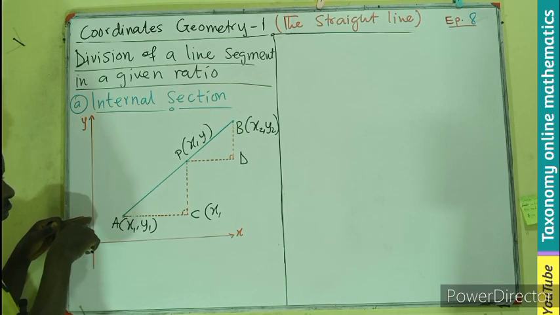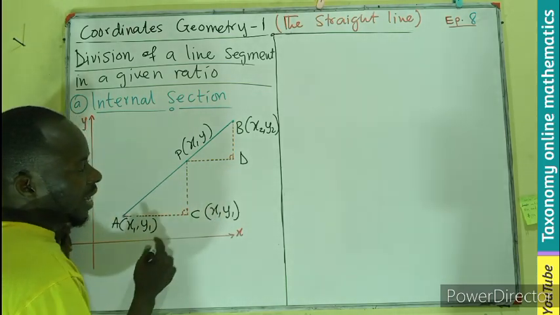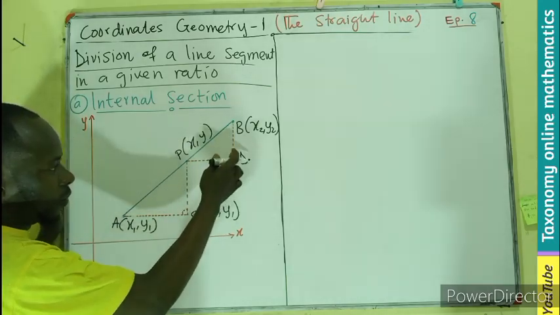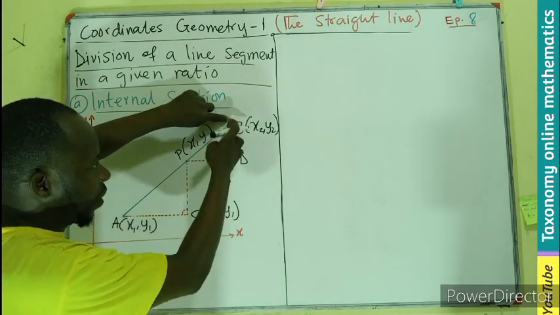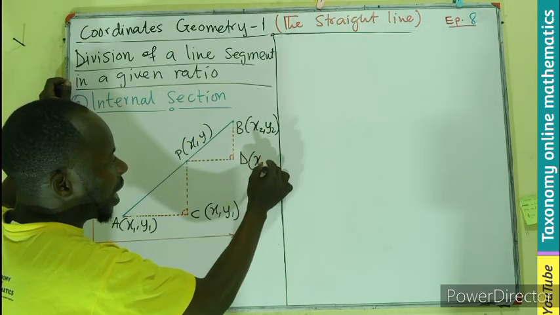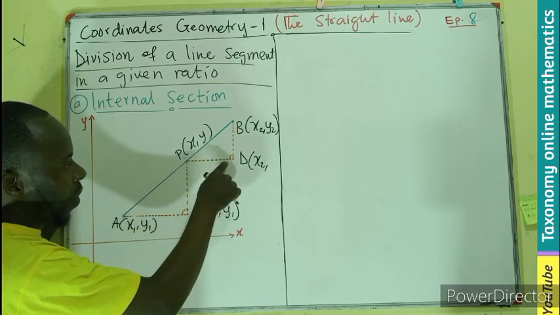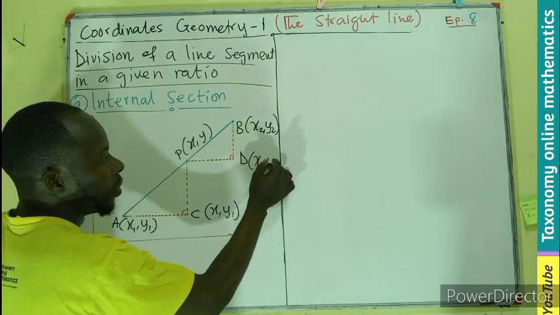I am on the y-axis. What value is there? This is the y1. Then for the D, I am also going to pick a point on the x-axis, which already is there: x2. Then on the y-axis, the point here is already taken as y.